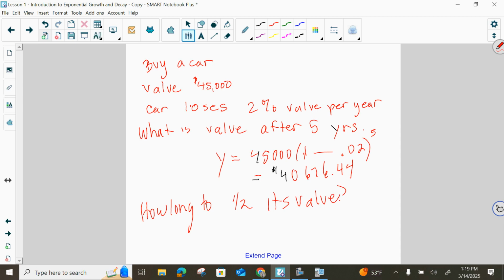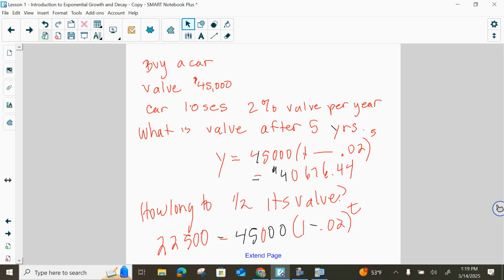What does that mean? How long to half its value? 50% of the original. So what? 50% of 45,000 is 22,500. All right, half of its value.